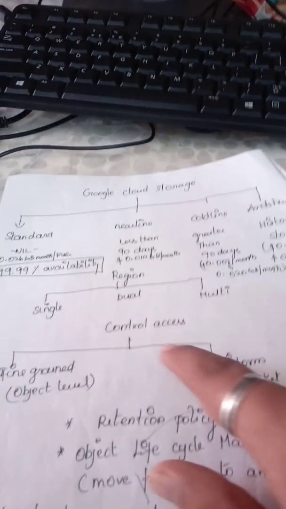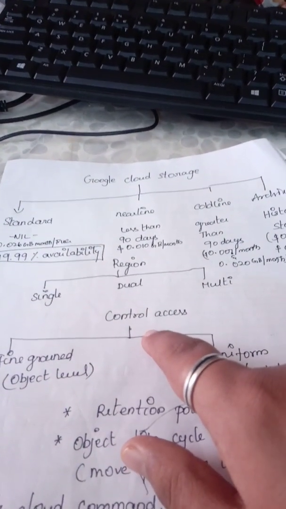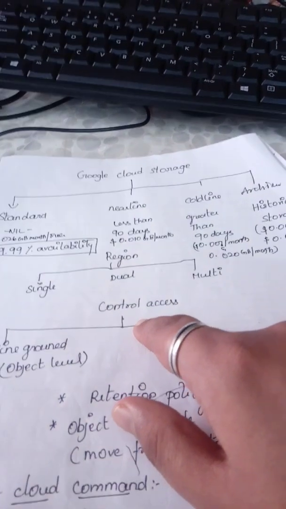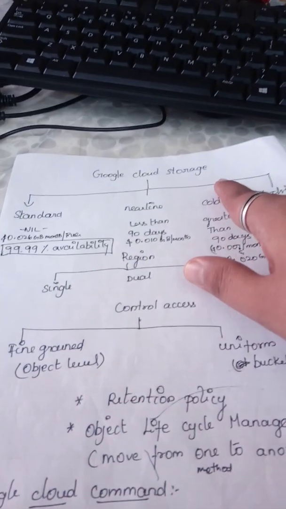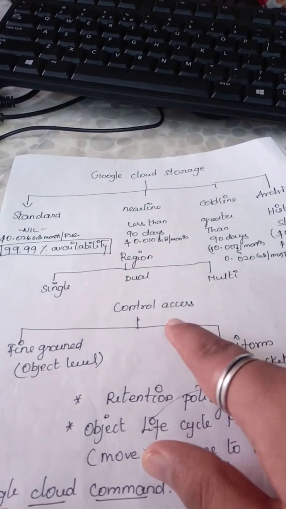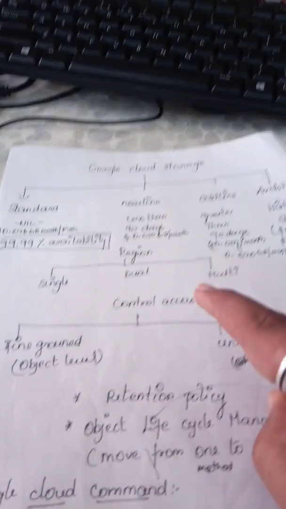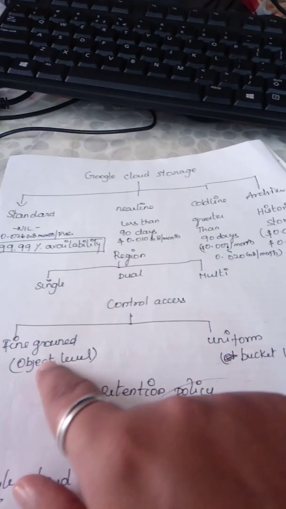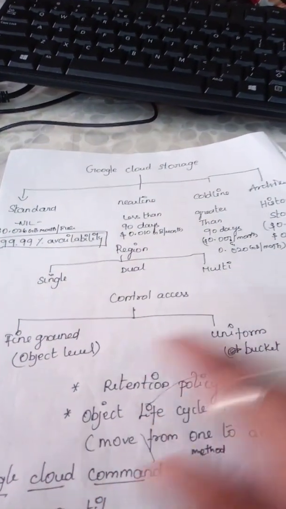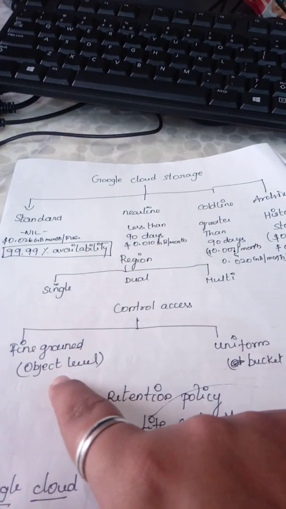Access control is another concept in Google Cloud Storage. You can restrict access to the objects stored in Google Cloud Storage. When you store data inside Google Cloud Storage, it is called an object. There are two ways in which you can control the access. One is fine-grained and the other is uniform. Fine-grained means you can give object-level access.